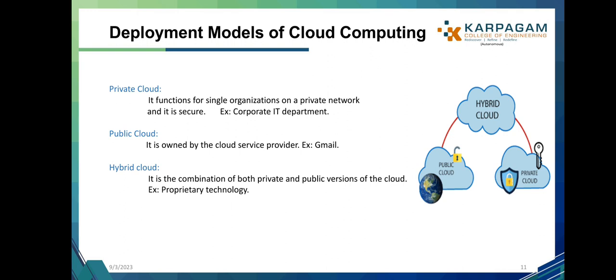The diagram represents the private cloud, public cloud and also the hybrid cloud. Public cloud is owned by the cloud service provider, example Gmail. And hybrid cloud is a combination of both, having the features of both private cloud and public cloud. Example is proprietary technology.